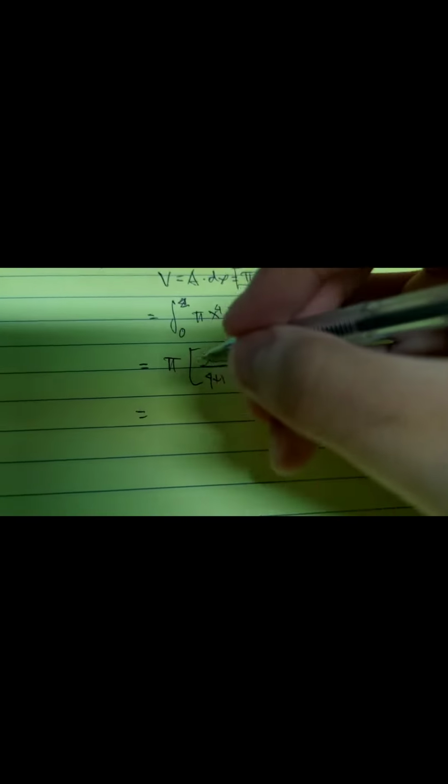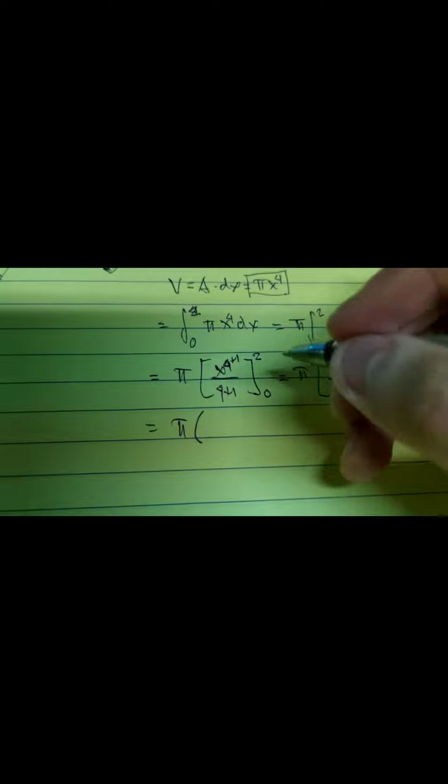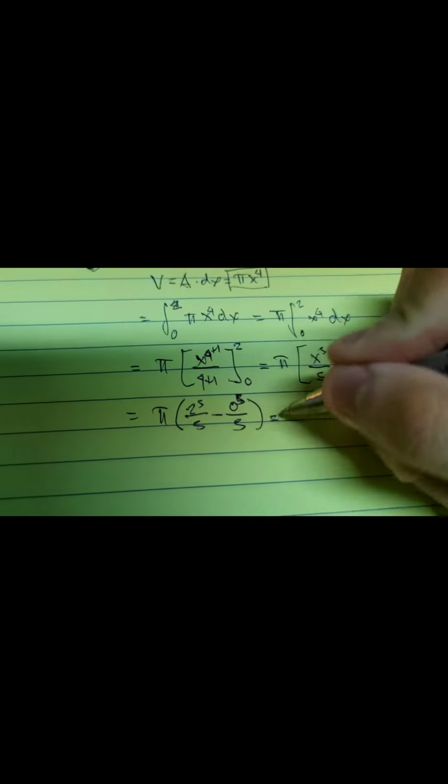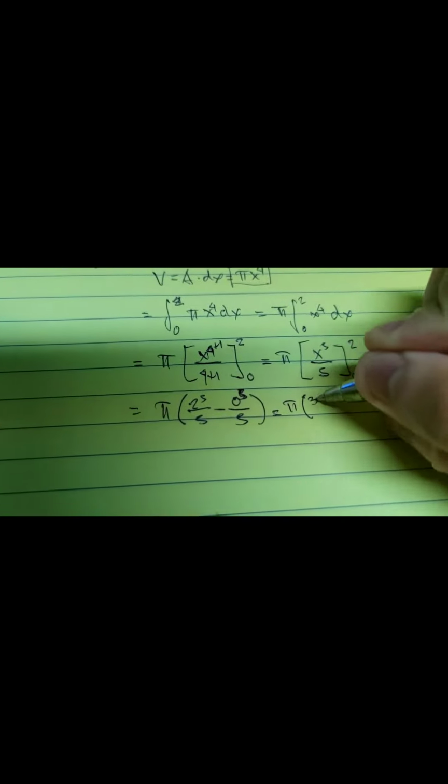Or simply we can put this as pi, we're gonna substitute our x by 2 raised to 5 over 5, minus the same, we substitute 0 raised to 5 over 5, which is just 0. So this is pi times 32 over 5 minus 0, or simply 32 pi over 5, and this will be our answer by using the disk method.